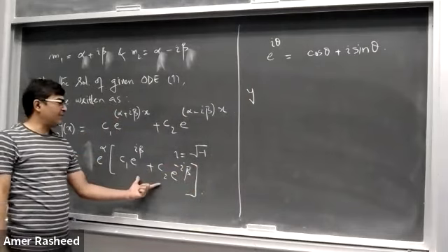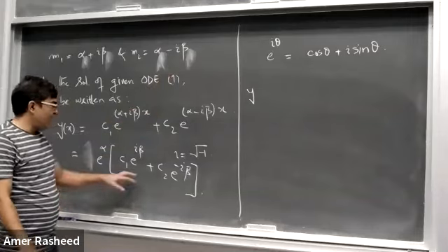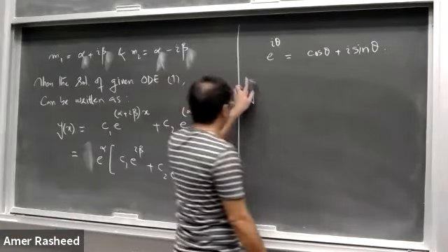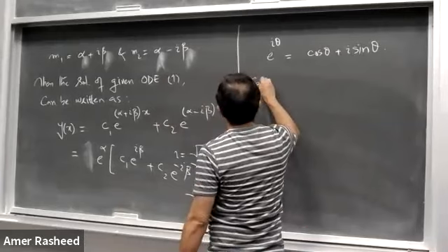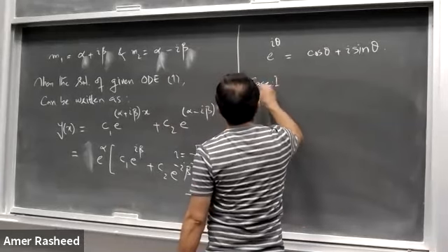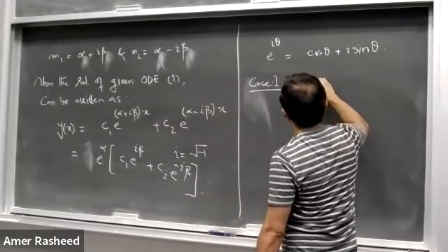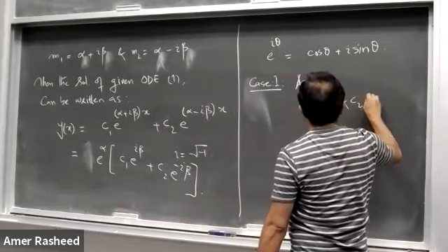Now, this term can be further simplified by using that identity. Here, there are two cases. In case one, we assume that C1 is 1 and C2 is 1.